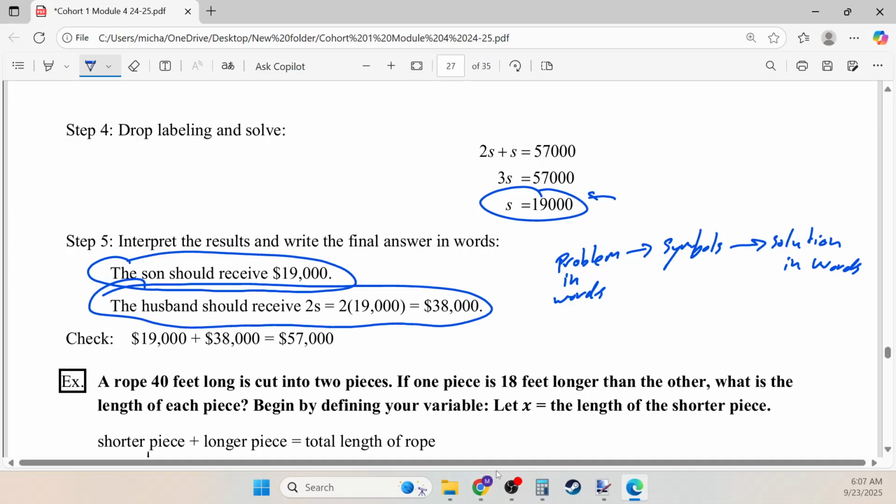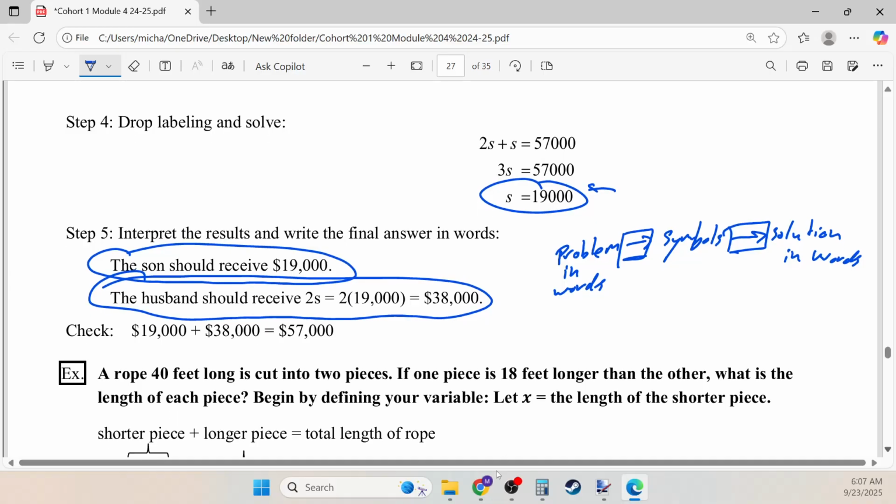If you can't translate problems into symbols, you can't use your math to solve problems. If you can't turn those symbols back into a meaningful interpretation, then your solution isn't applicable and you can't use math to solve your problems. Math can solve lots of problems.